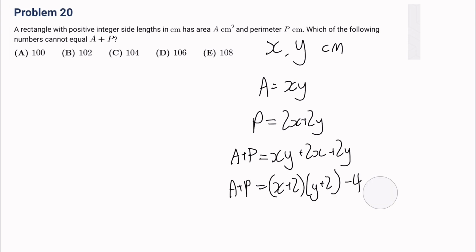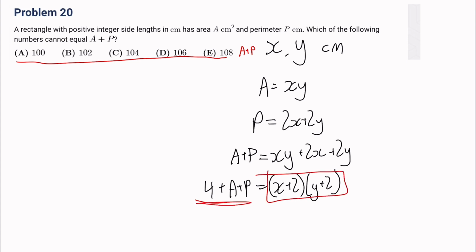And if we add 4 to both sides, 4 plus A plus P equals x plus 2 times y plus 2, right? So that's what we have. And as you can see, the answer choices are possible A plus P values, but we have an equation for 4 plus A plus P, right? And so the A plus P plus 4 values would be 104, 106, 108, 110, and 112.